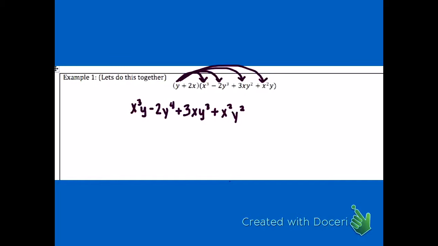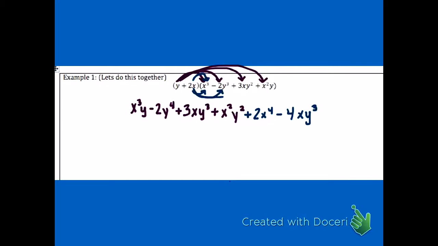And then we continue, and we're going to take our 2x times x to the third, and that would give us 2x to the fourth. And we multiply our 2x times negative 2y to the third, and that is going to give us negative 4xy to the third.